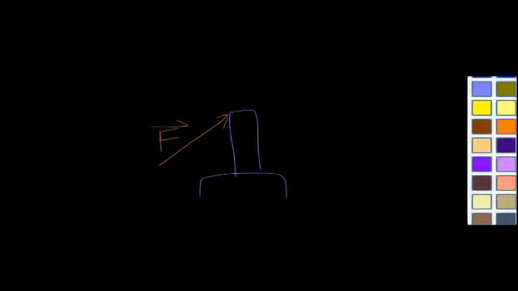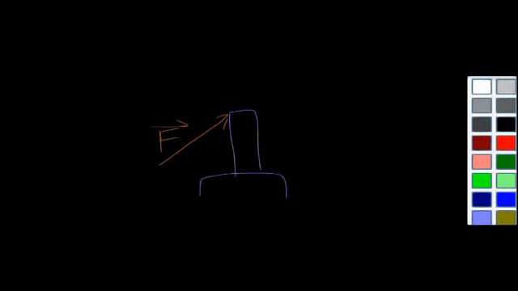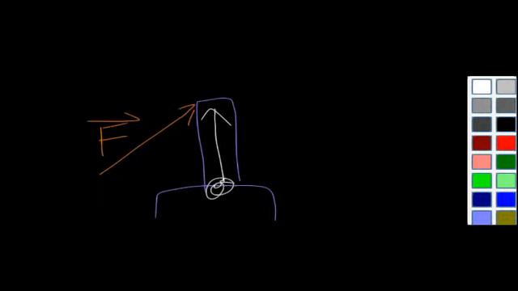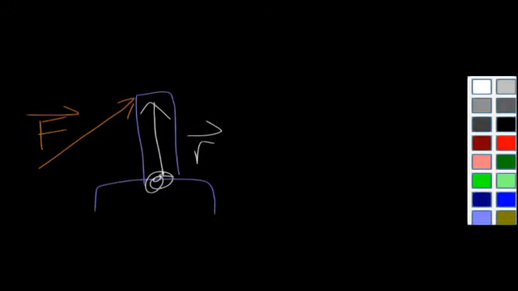Let's choose this color. This is vector F, and in this case, the axis of rotation, or the point of rotation, is this point. So R is this. That's R.